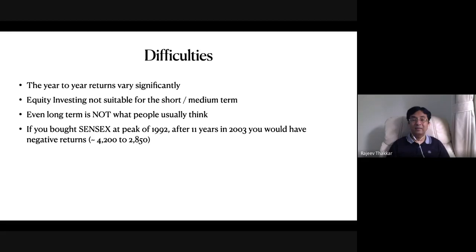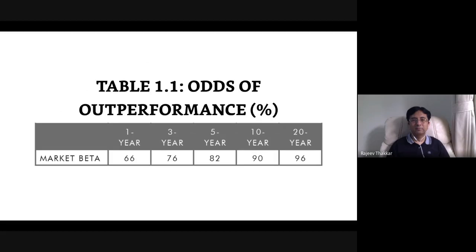So if you buy in bubbles or at the peak, the investing period can be really long. It can be as much as a decade long or longer. We have seen the US also having a 10-year flat kind of period from 2000 to 2010. So sometimes the period can be very elongated.